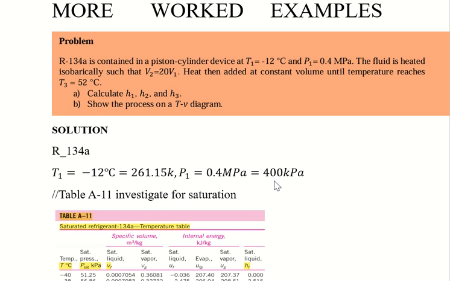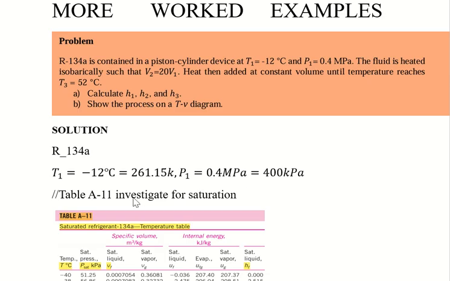So the first thing we want to do is identify what state, what phase, this refrigerant is in. From my previous videos, I told you that it's always more convenient to start your investigation using the saturation properties.